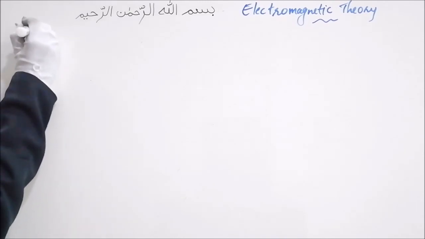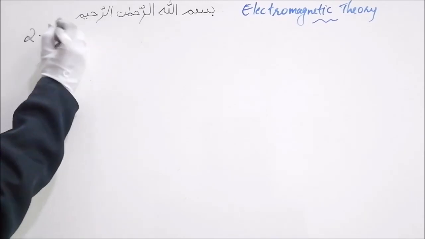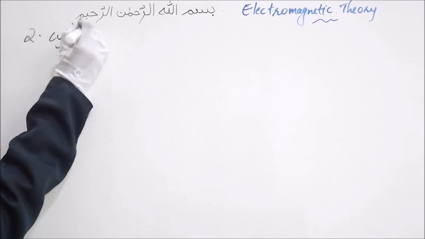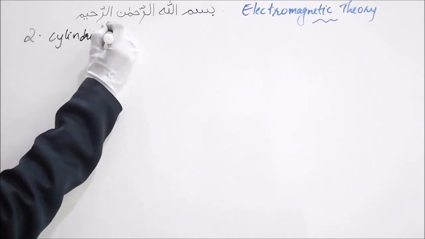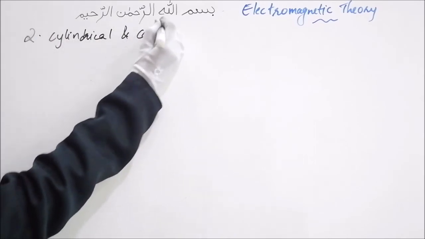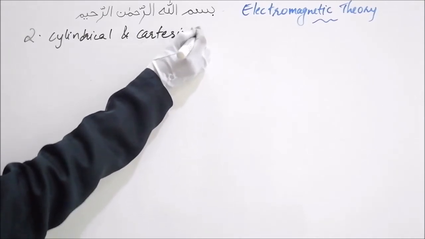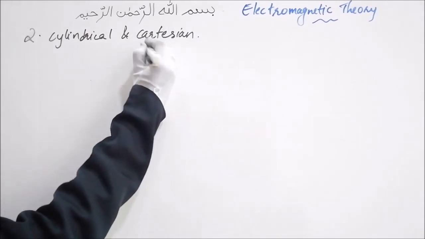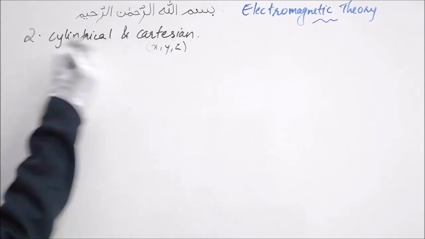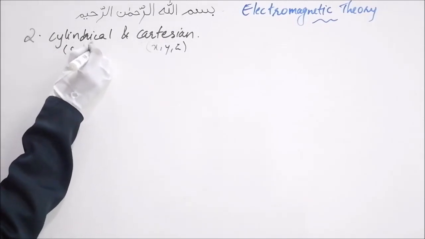Now we are going to look into linking cylindrical coordinates and Cartesian coordinates. So these coordinates are x, y and z, and here we have s, phi and z.